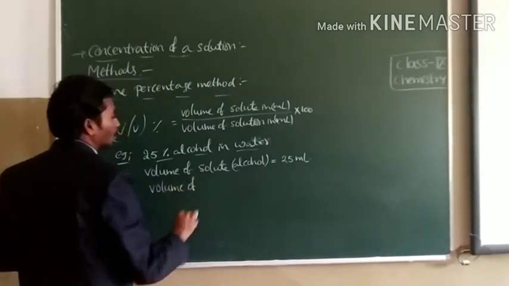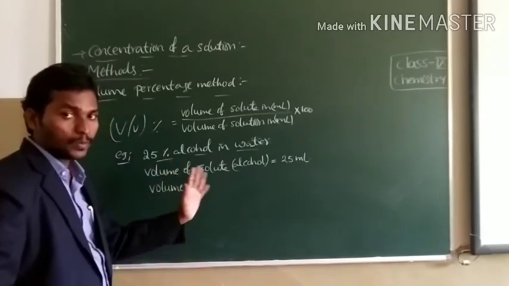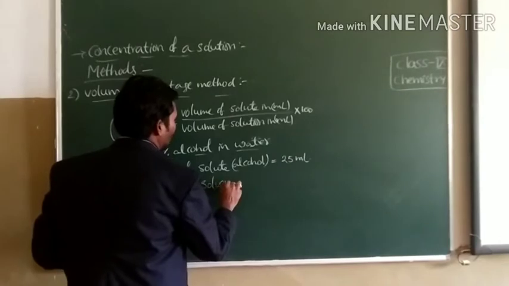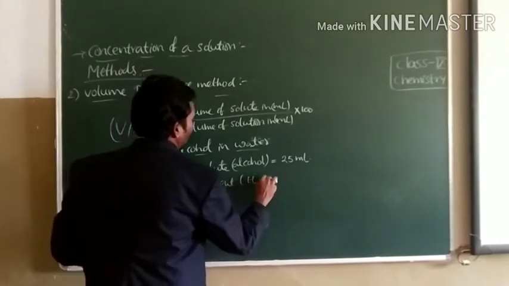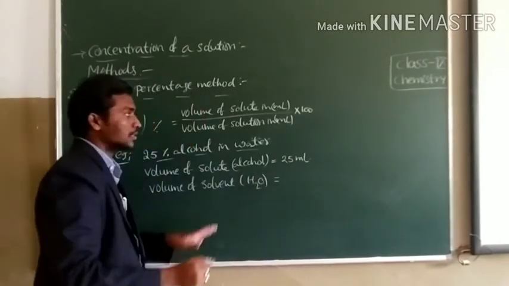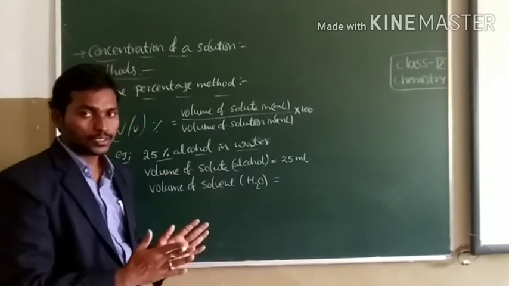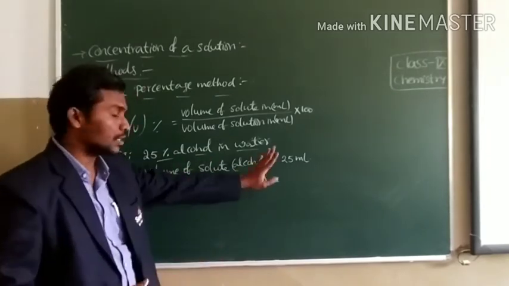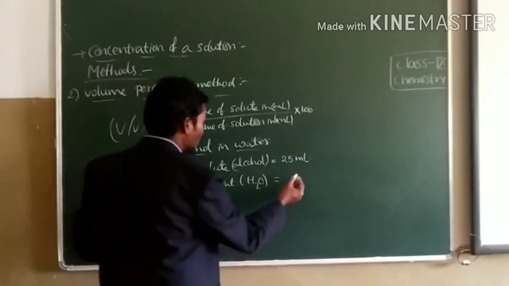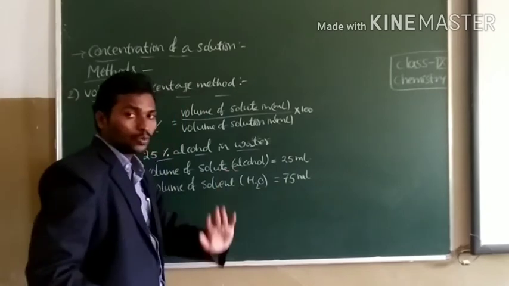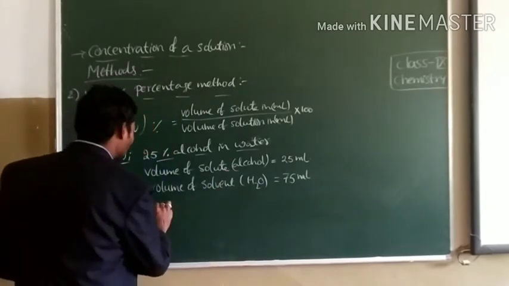That means volume of solvent plus volume of solute. What is the volume of solvent here? We discussed earlier that in percentage method, total volume of solution is 100. So volume of solute is 25 ml. Then volume of solvent is water, 75 ml, because total volume of solution is 100 ml.